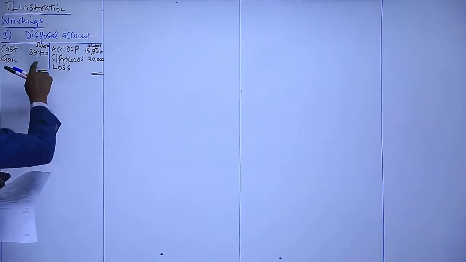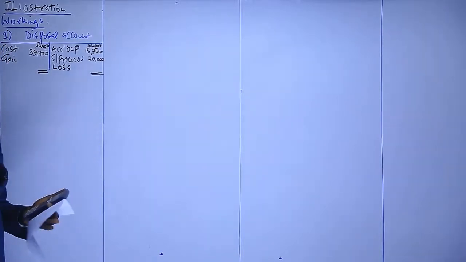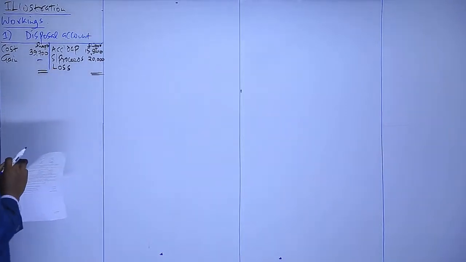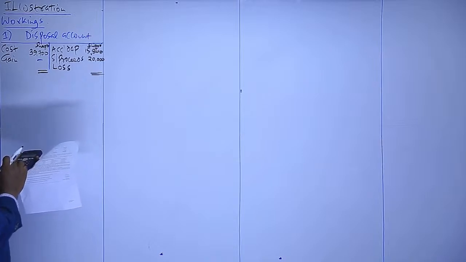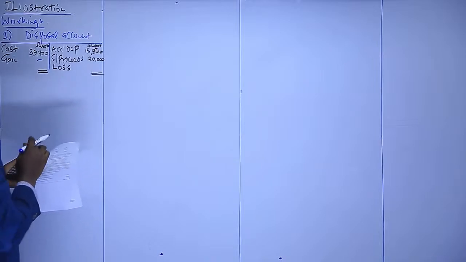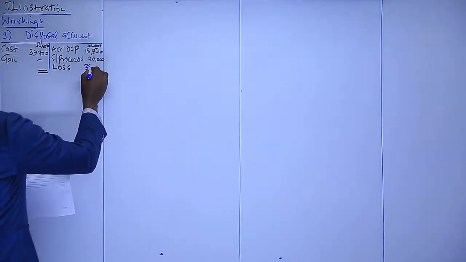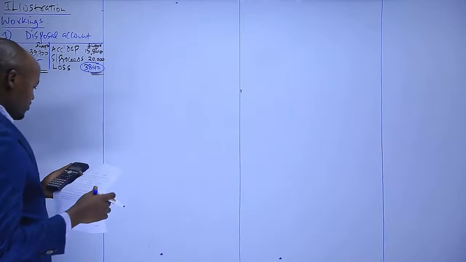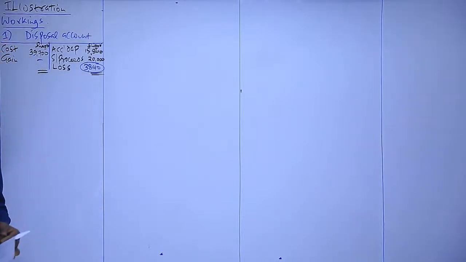So that means this side is more, and therefore our balancing figure will be on the credit side. And how much will be our loss? We take that minus what we have on the debit, 39,700, and that will give us 3,840. So this particular 3,840 is the loss on disposal.